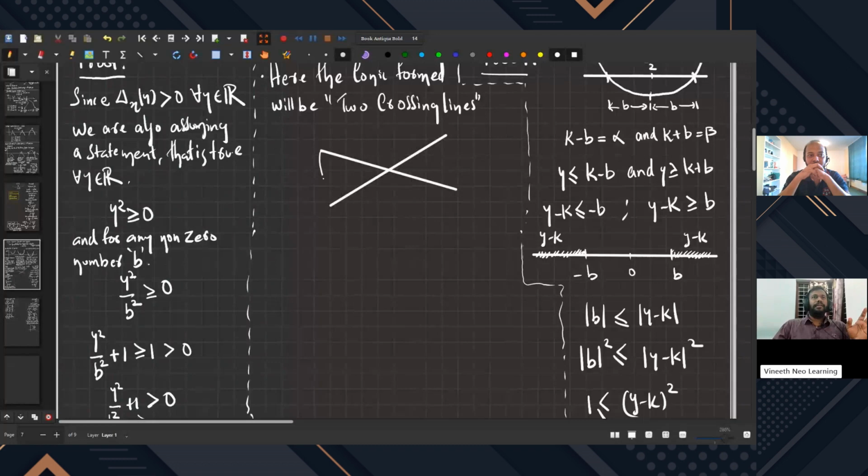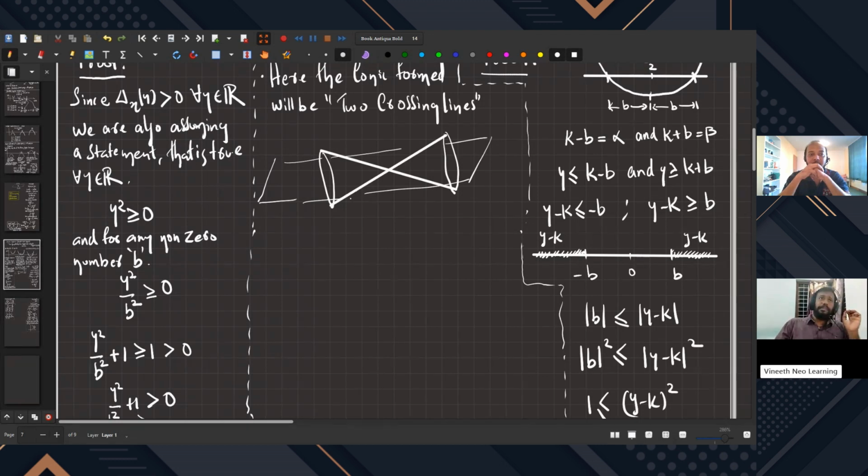Let this be two cones. If a plane just slices through like this, it is actually hard to visualize.